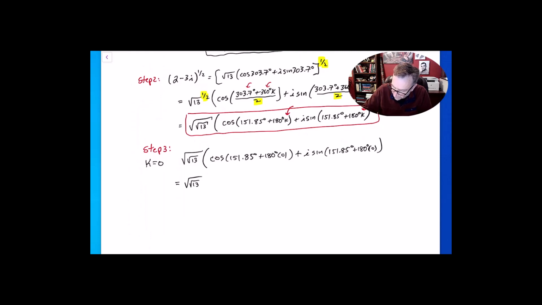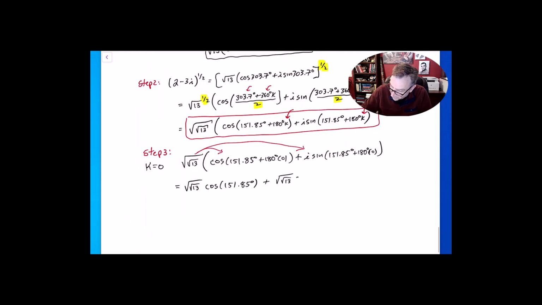I'm going to go ahead and distribute this. So we have times cosine of 151.85 degrees, because 180 times 0 is just 0, plus square root 13 times sine of 151.85 degrees times I. All right, now at this point I'm just going to do this whole thing on a calculator and then this whole thing on a calculator.